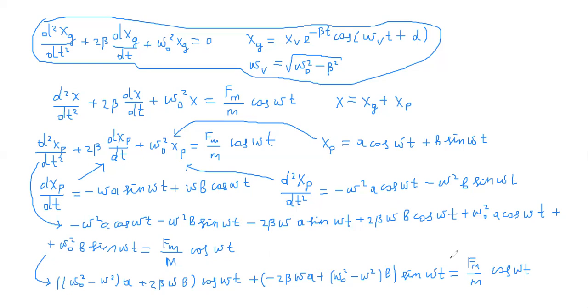So we have to choose a and b according to this equation that is written in the last line at the bottom of the screen.